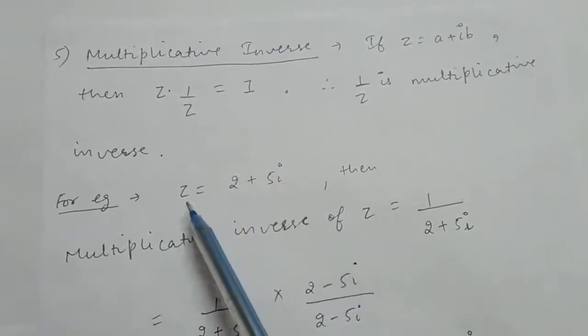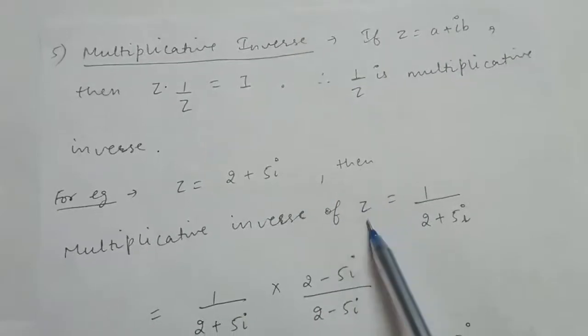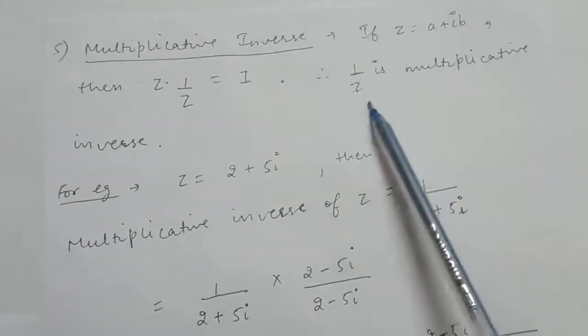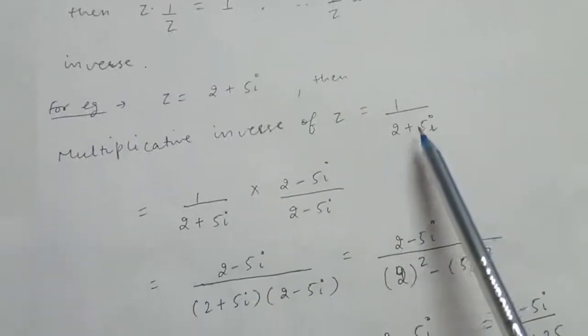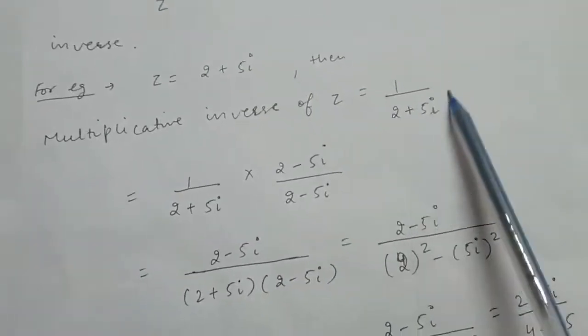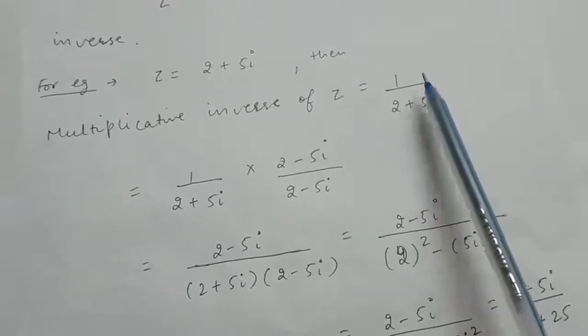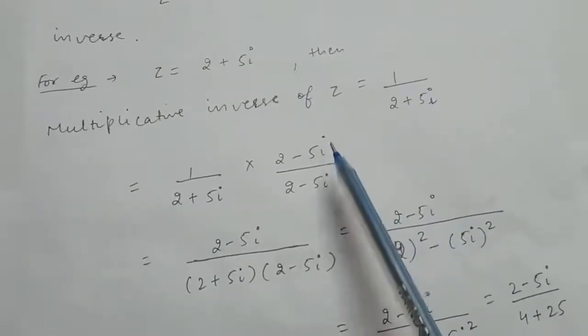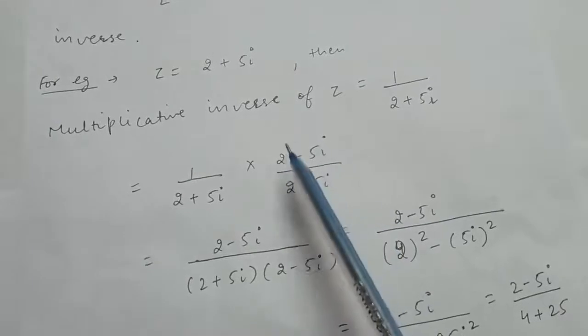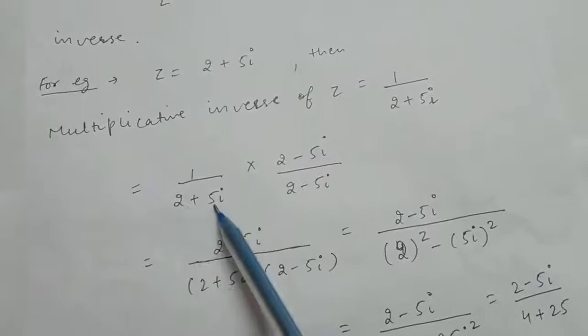Now see an example, z is equal to this complex number, then the multiplicative inverse of z is 1 by z, that is 1 upon 2 plus 5 iota, right? But change this into the form of a plus iota b. So for this, rationalize this number with the complex number 2 minus 5 iota. Here it is 2 plus 5 iota.